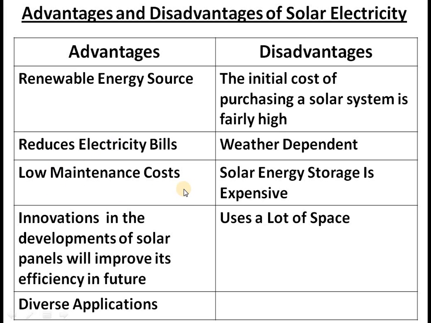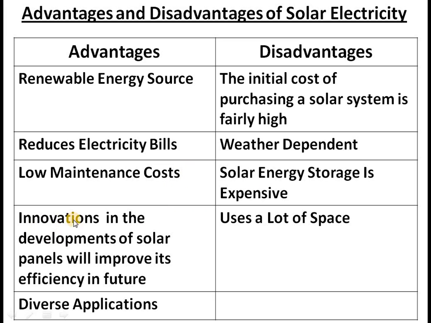Even the maintenance cost is very small. Once it is installed, for 10 to 20 years it will run without any appreciable maintenance expenditure. That is a very important factor. For all other energy sources, the maintenance cost is very large.